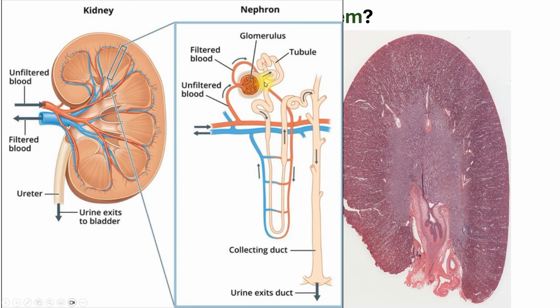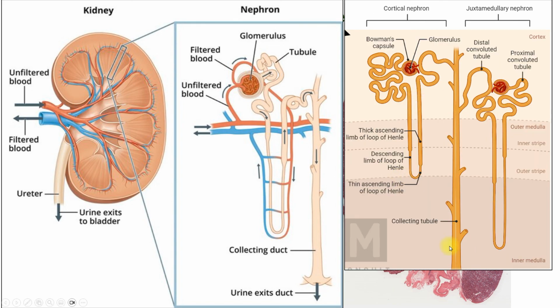As you can see here, the vascular part as well as the urine conducting tubule part are intimately intertwined. That's why when we examine the kidney, it is very common to see a lot of blood vessels side by side with your uriniferous tubules.